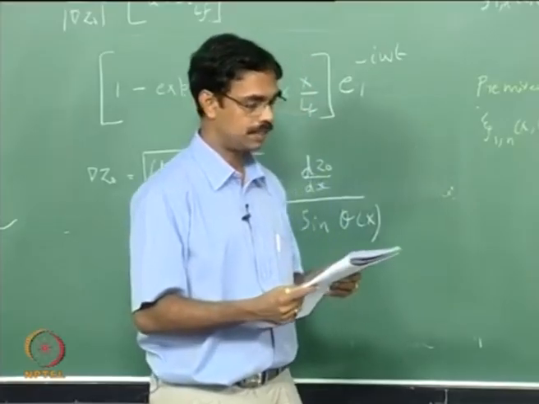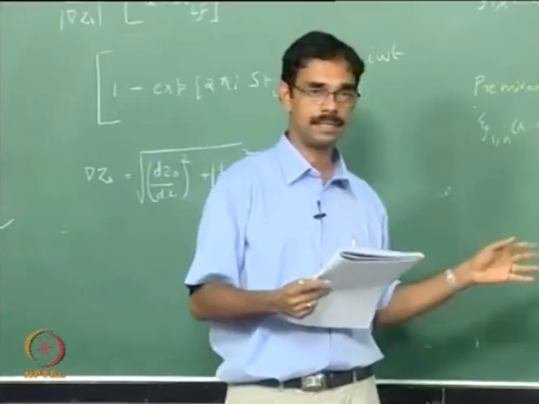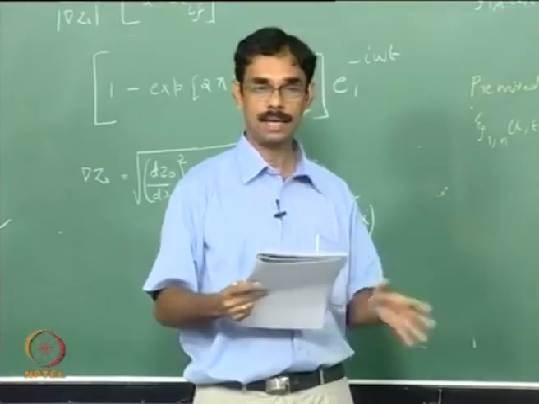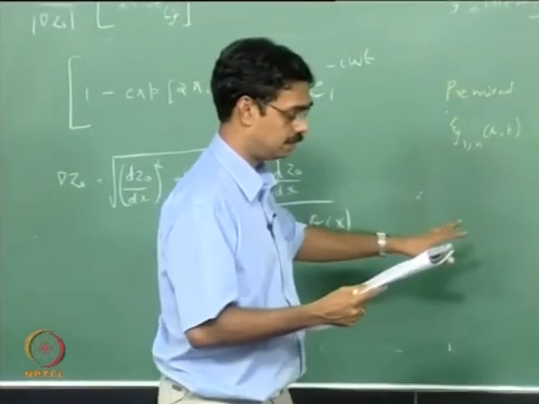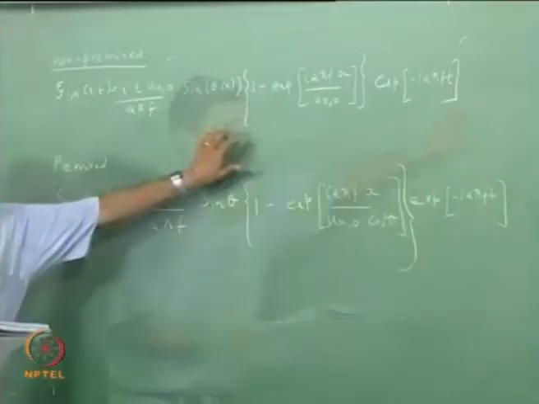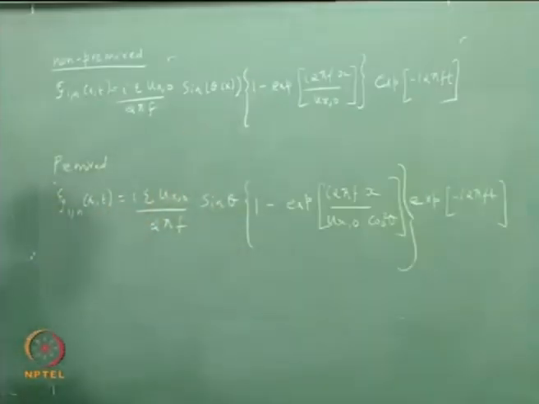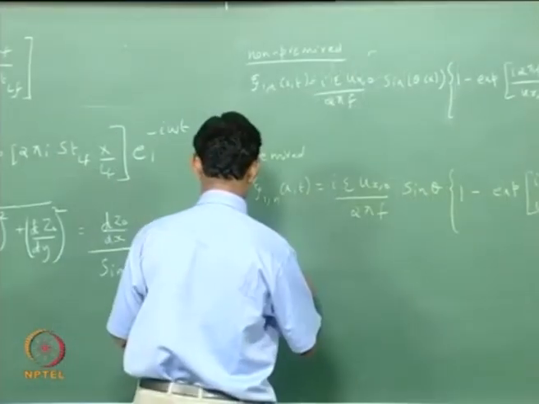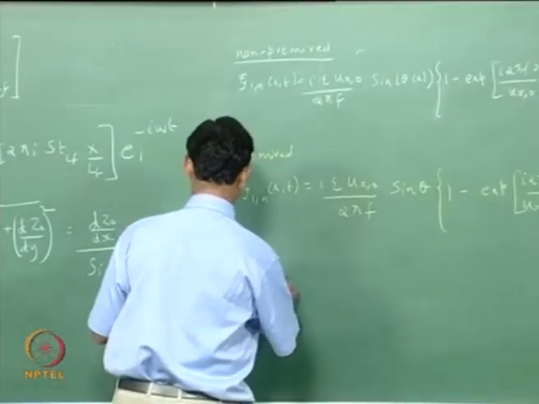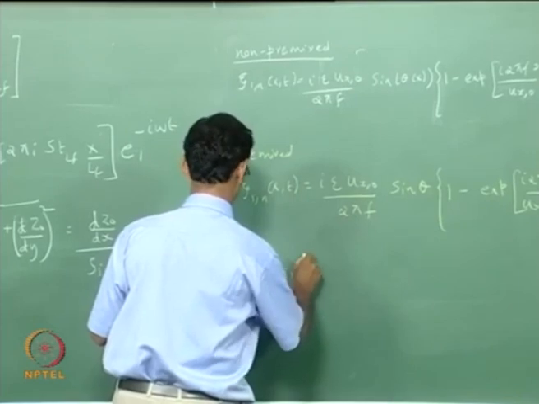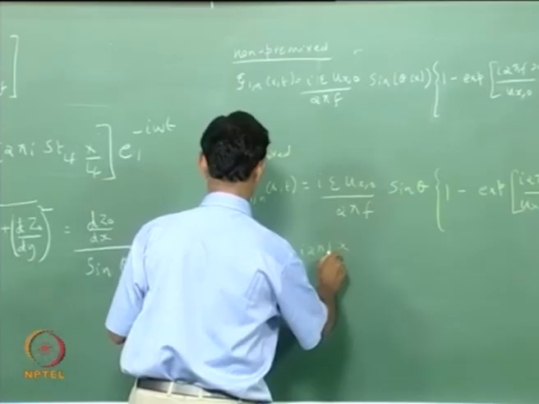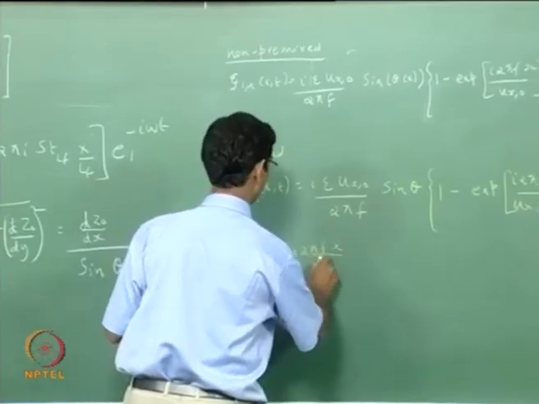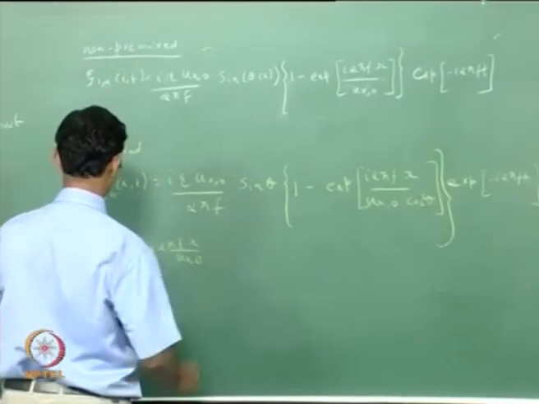Now due to the interference between the wrinkles generated at the x equal to 0 boundary and the disturbance locally, you will have this pattern, and that is being reflected in this term, the spatial pattern. So you have this term 1 minus exp(I 2 pi f x over u x0).